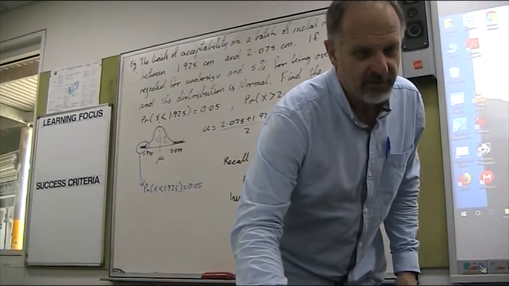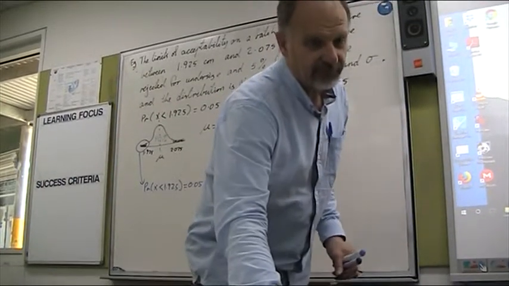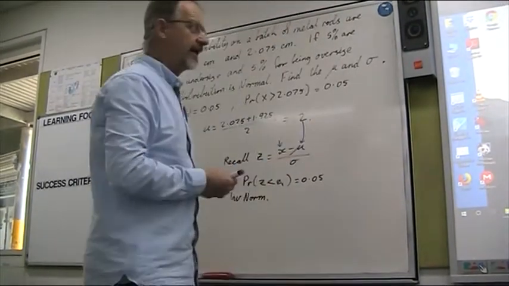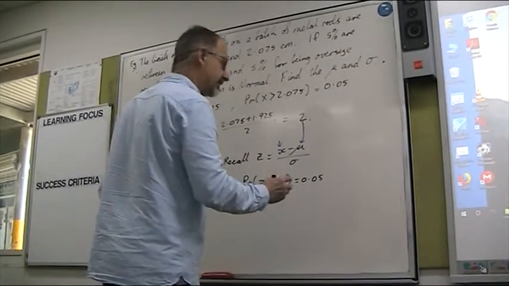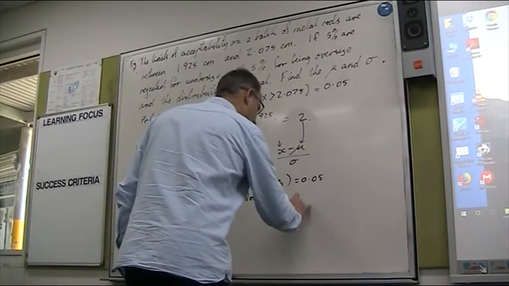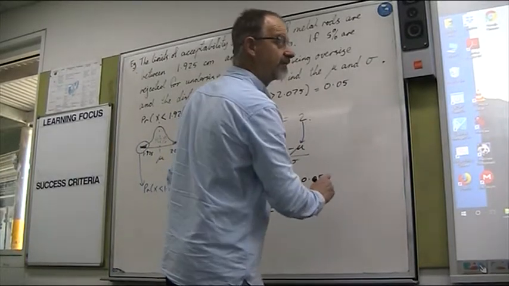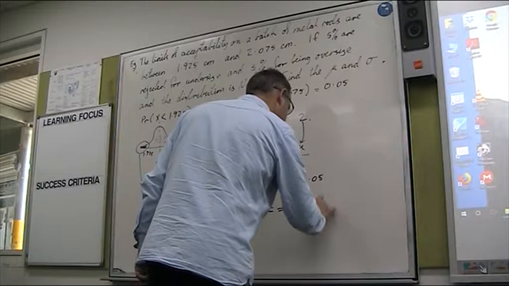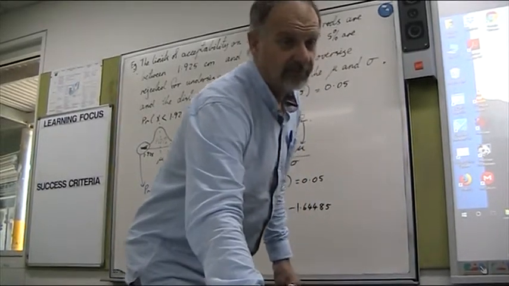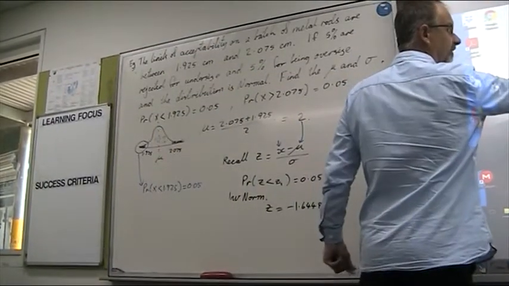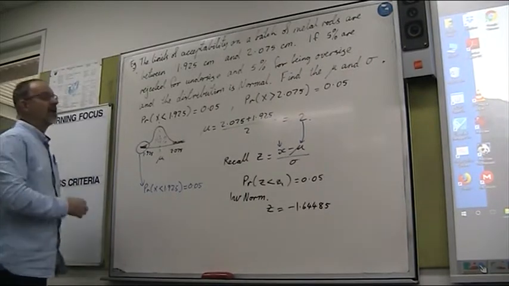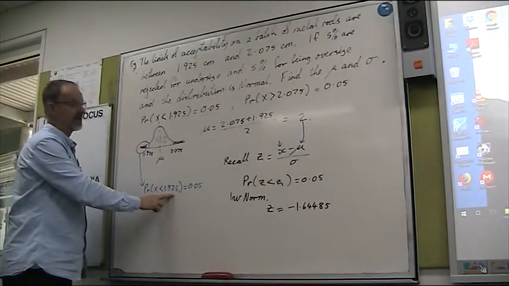And our standard normal, mean of 0, standard deviation of 1, tells us that our z value, not x, when z is equal to negative 1.64485, then the probability down here, that probability in there, is 5%. So our x value is this.